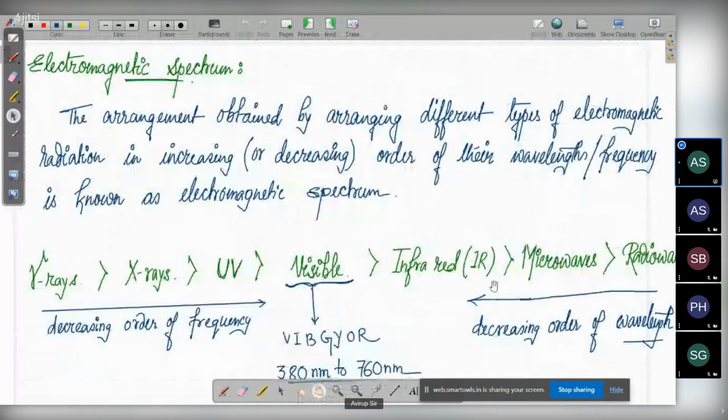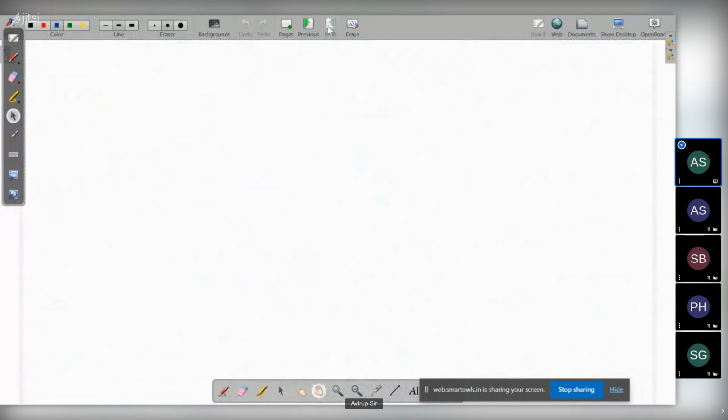But now we are going to see Planck's quantum theory, which says that no, radiation is not a wave, but rather radiation is a particle. The nature of radiation is not like a wave, rather it is like that of a particle. So now we are going to study the particle nature of radiation.